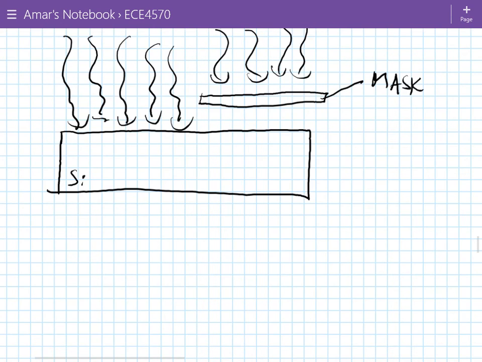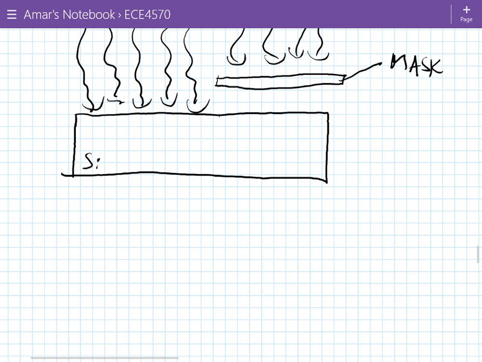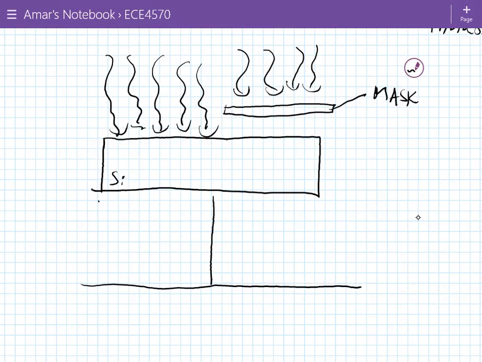Obviously in this type of problem, you're going to generate carriers in this region. So if just below this we were to draw the concentration profile, I'm going to put the y-axis right in the middle here. Let's call this x equals 0.